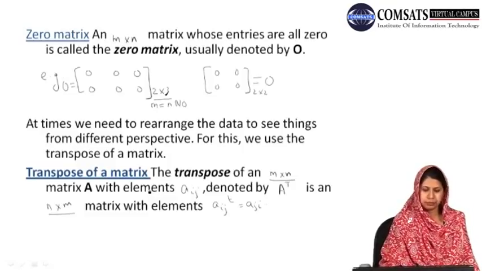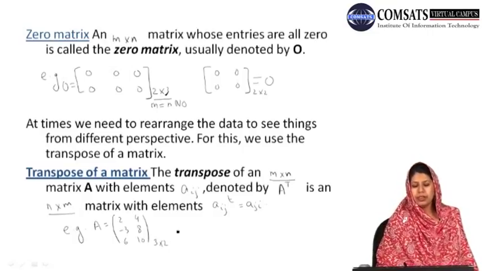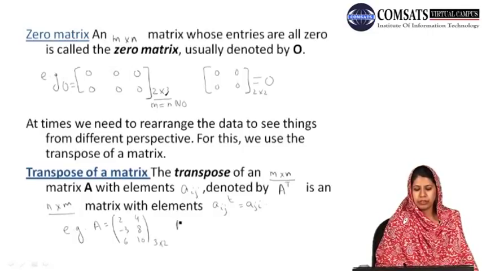For example, if we have our matrix A as 2, 4, -3, 8, 6, 10, then it is a matrix of order 3 rows and 2 columns, and we are interested in taking the transpose. The transpose will have order 2 by 3, that is 2 rows and 3 columns.